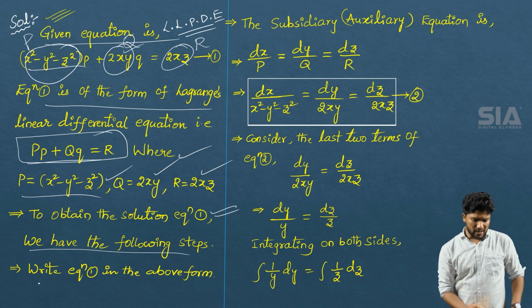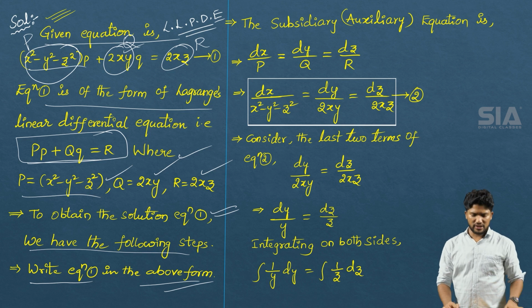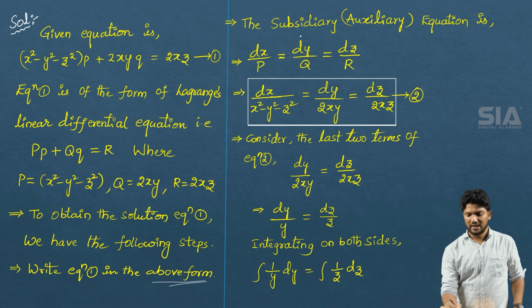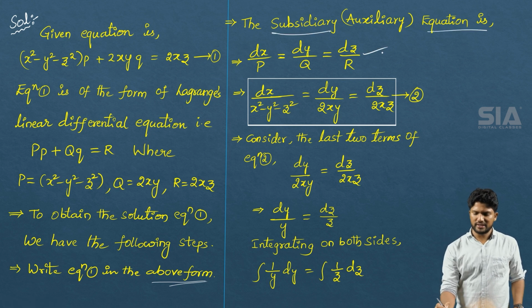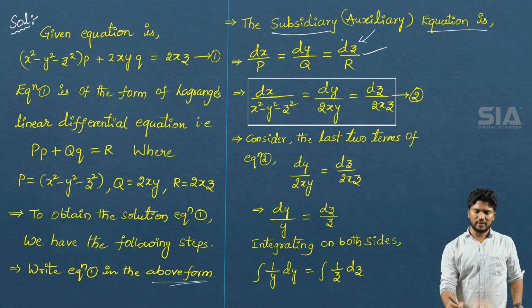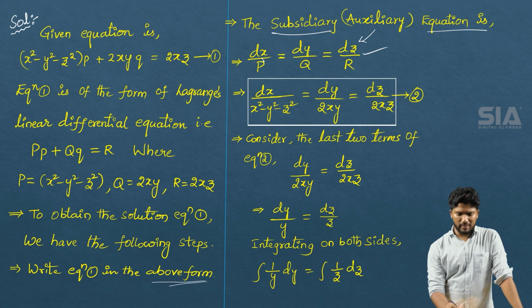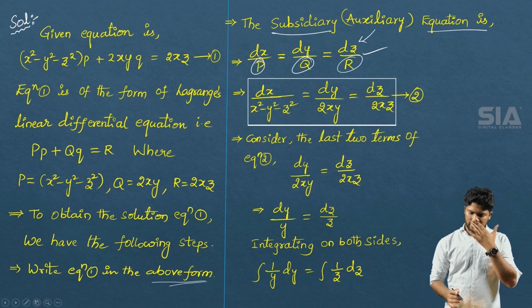First of all, write down the given equation number 1 in auxiliary equation format, or subsidiary equation format. The auxiliary equation is dx by capital P equal to dy by capital Q is equal to dz by capital R. You know very well the capital P, Q, R values, so substitute them in that subsidiary equation.